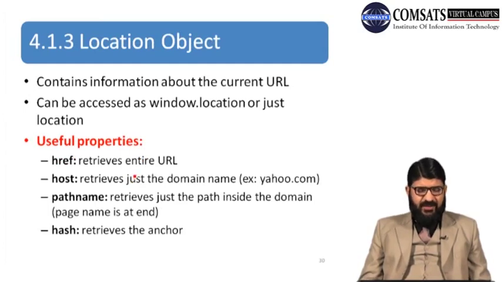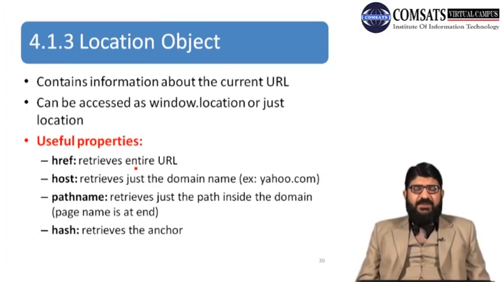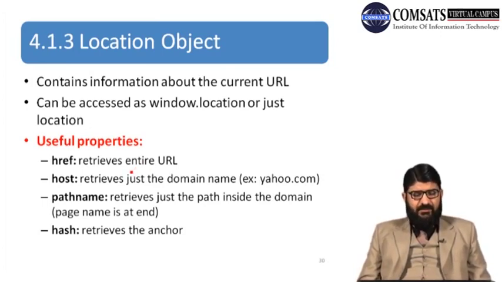Then the location object. The location object contains information about the current URL of the user browser, and it can be accessed with windows.location or just with the location word. The useful properties for location are: number one is href, which retrieves by entering the URL.